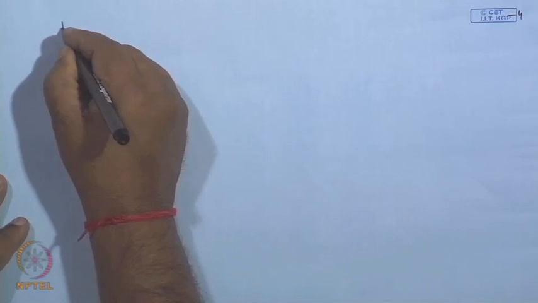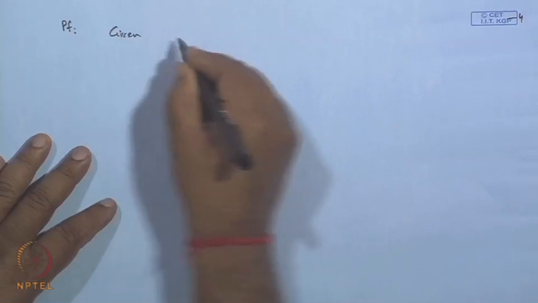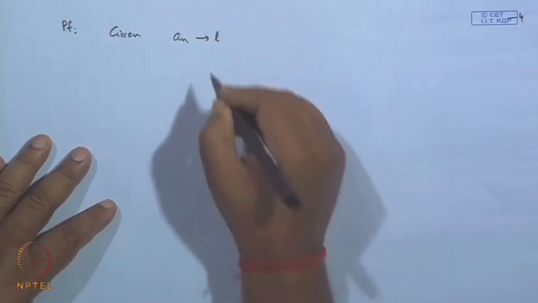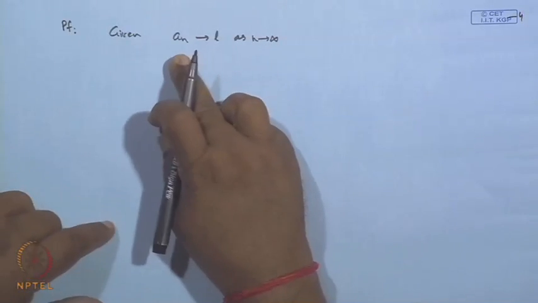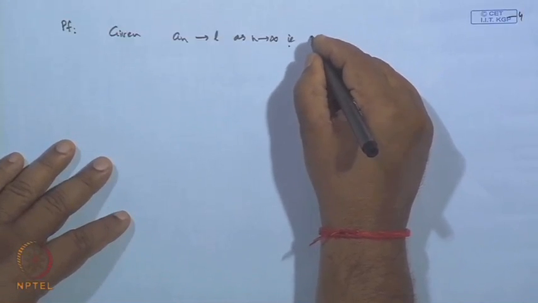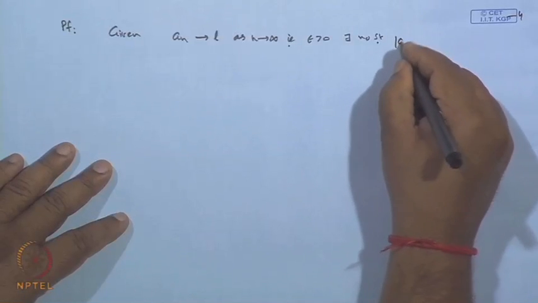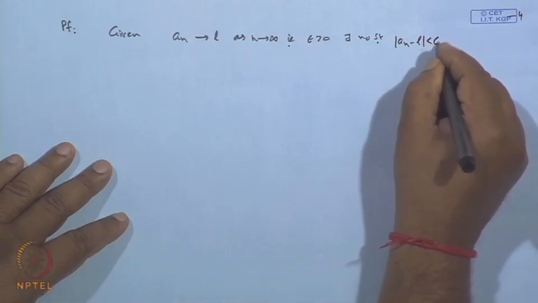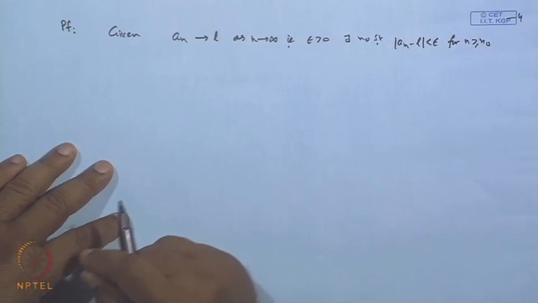So, let us see the proof of this result. What is given is a_n converges to L as n tends to infinity. It means the difference between a_n and L, that is, for a given epsilon greater than 0, there exists an n naught such that the mod of a_n minus L is less than epsilon for n sufficiently large. Okay.